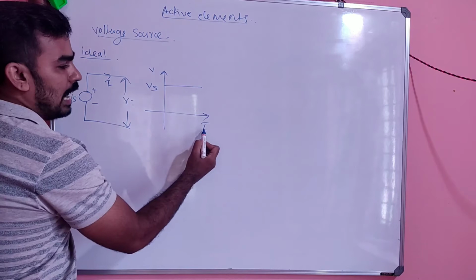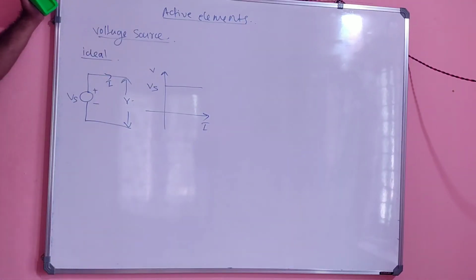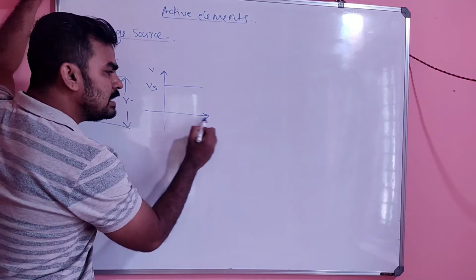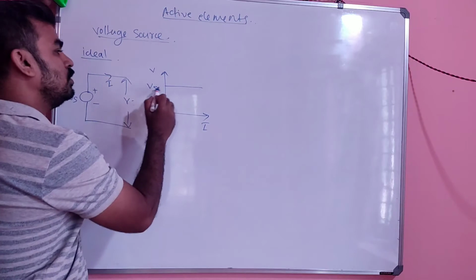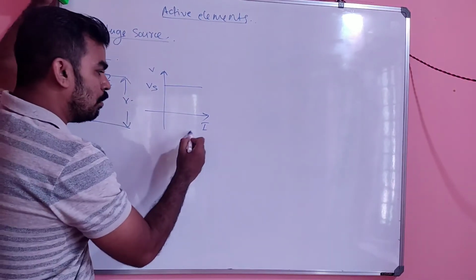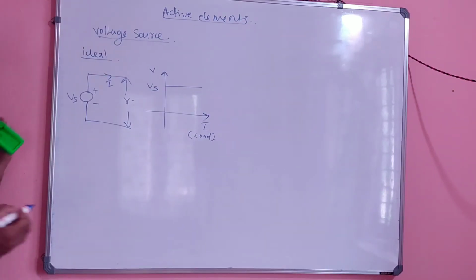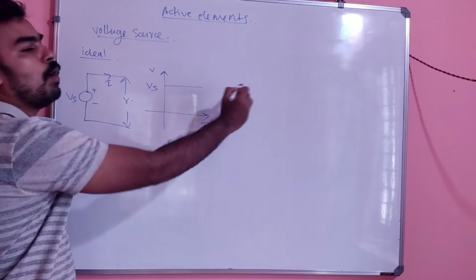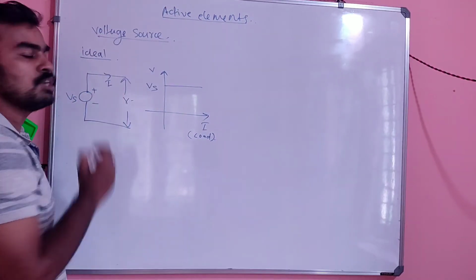From this graph it is very clear that even though we are increasing the value of current, the voltage is constant. That means irrespective of the load condition, I or in other words the load, the voltage will always be constant. That is called the ideal voltage source.